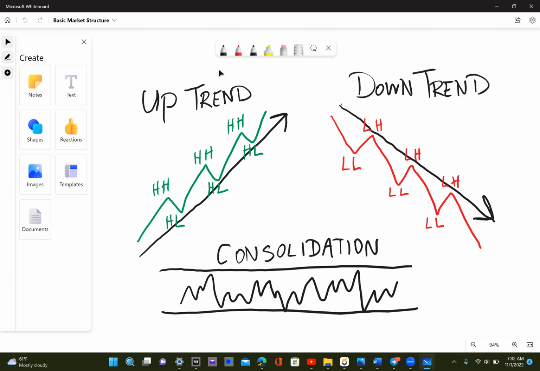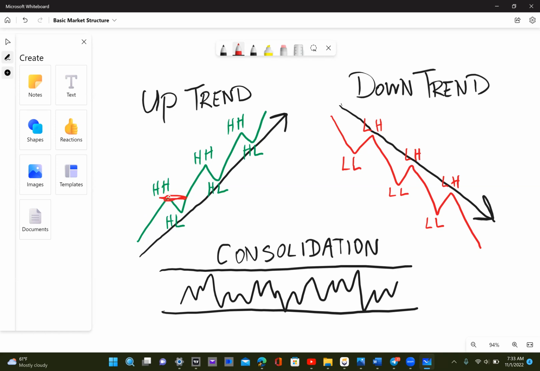Now, I want to show you something. Every time the market makes a higher high, it forms a break of structure once it passes the previous high. So when you hear me say break of structure, this is what's happening.